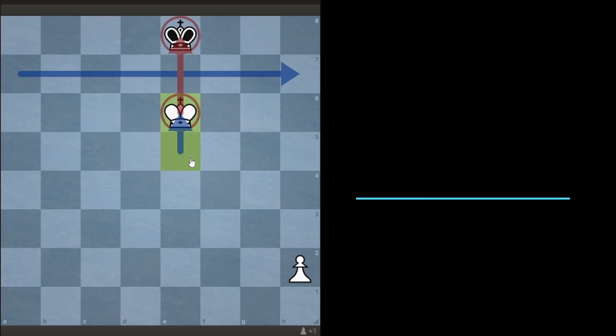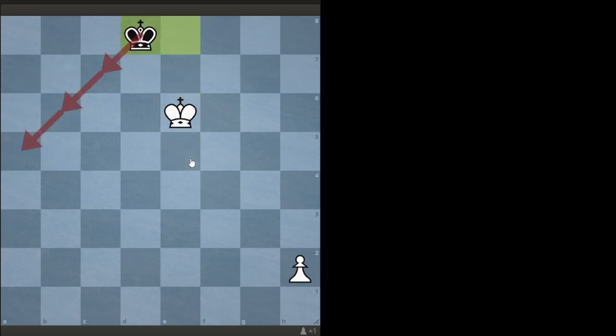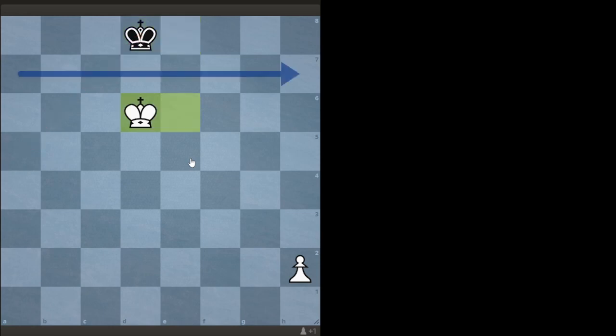What happens if black tries to escape from the last rank? After the opposition, white would have the power not to allow that for black's king. If the king goes left and tries to escape via the squares c7, b6 and a5, white king says no, I have control of the squares on the 7th rank, I'm not going to give you access to the 7th rank, 6th rank and so on.